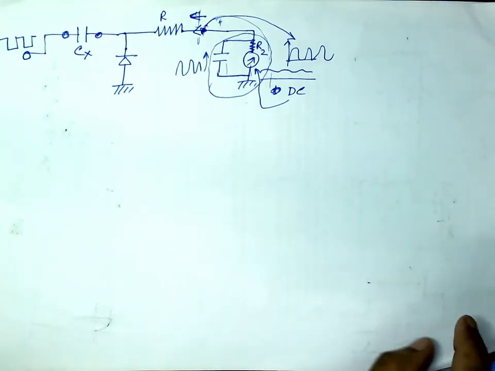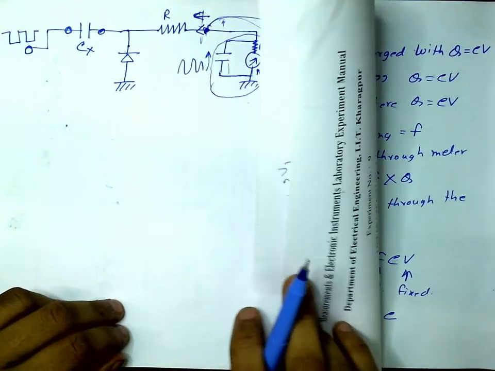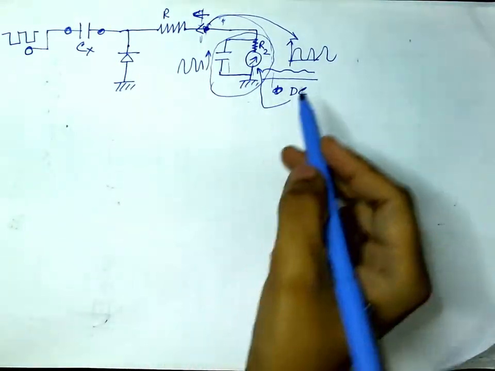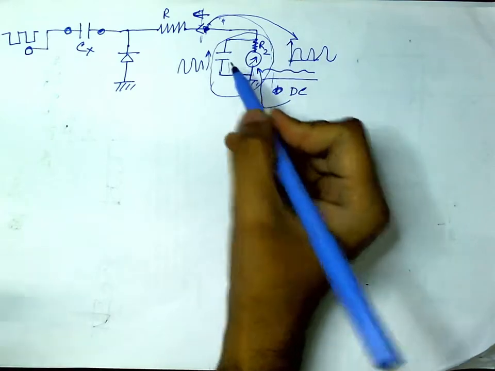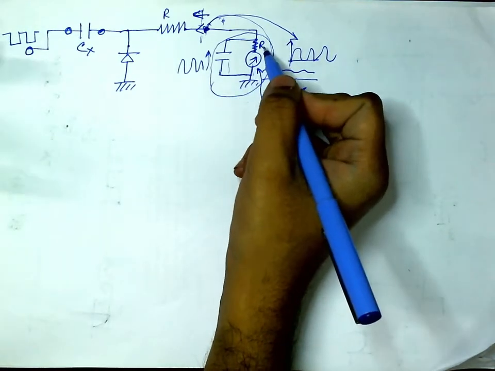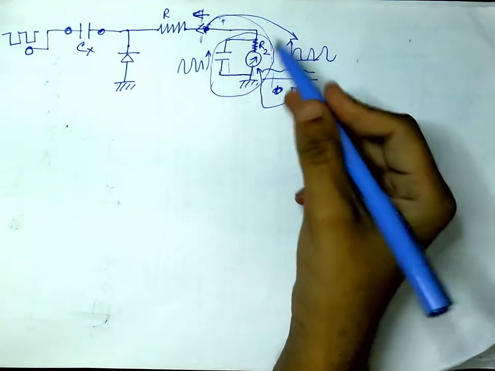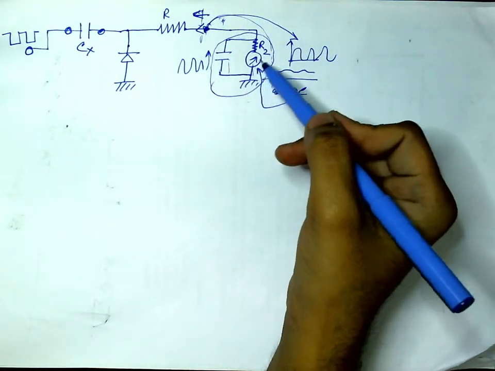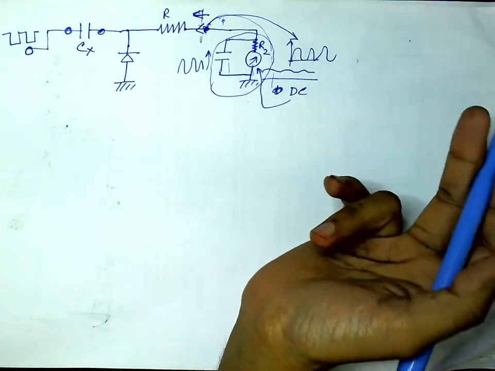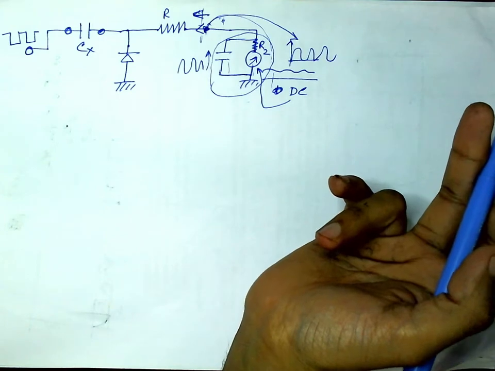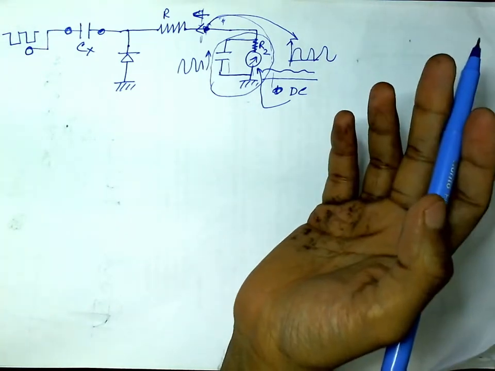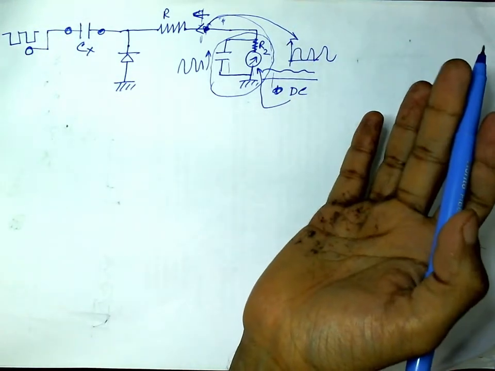Now if you wish, you can spend time finding out what should be the value of this filter capacitance, these resistances, etc., so that the desired pointer behavior is achieved. That's how engineers design their meters. It's not easy.